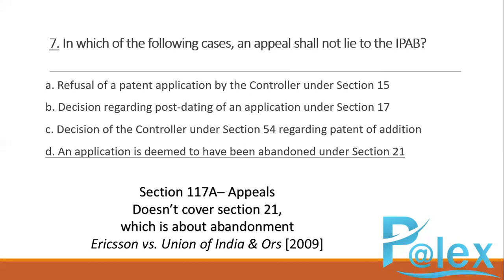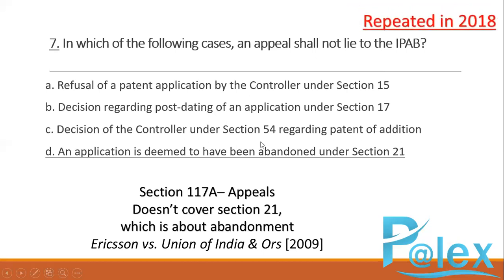That made the applicant not pursue the appeal. So instead, the matter went to the court, and therein section 21 was discussed in detail. So the correct answer here is section 21.